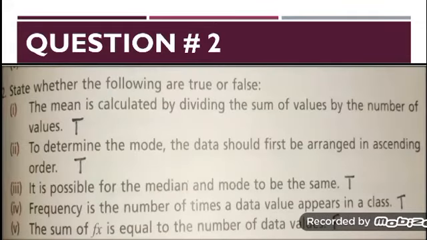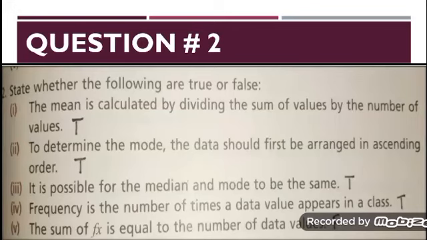Now we solve question number 2. In question number 2, we have to tell whether the given statements are true or false. The first statement is: the mean is calculated by dividing the sum of values by the number of values. This is the formula of mean, so this statement is true. Second statement: to determine the mode, the data should be arranged in ascending order. This statement is true.